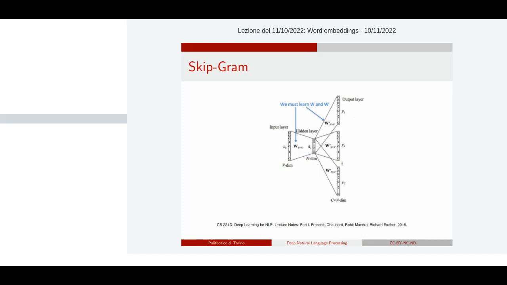This is a classical learning phase for neural network learning. You have an intermediate layer, and then you get the output layer, which is again C times V, because V is the size of the vocabulary, and C is the size of the context window.